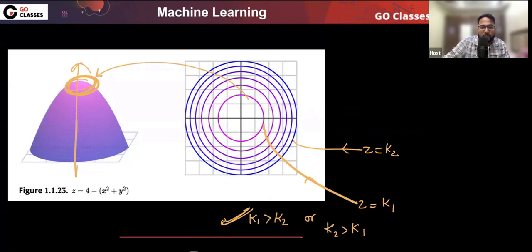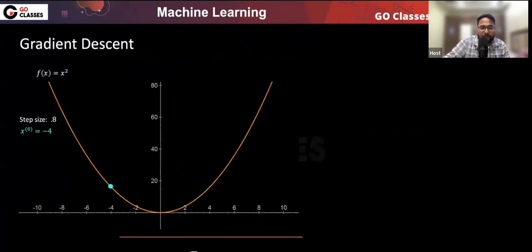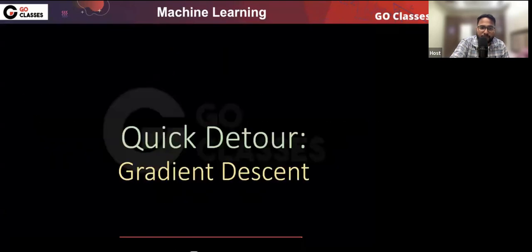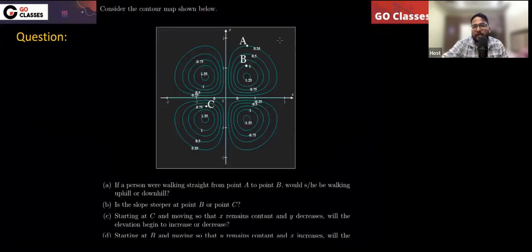Similarly, if they say this is 1, this is 0.25, they are saying you are going from A to B. Let me just zoom in a bit.